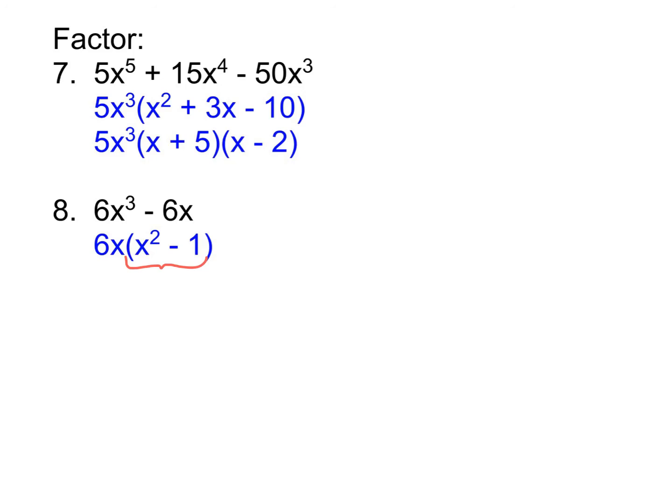So I'm going to leave the 6x out front, and then I'm going to break the x squared minus 1 into 2 sets of parentheses by saying what multiplies to negative 1. And since the x term is gone, it's what adds to 0. So multiply to negative 1, add to 0 is 1 and negative 1. So this would be your final factored form for number 8.